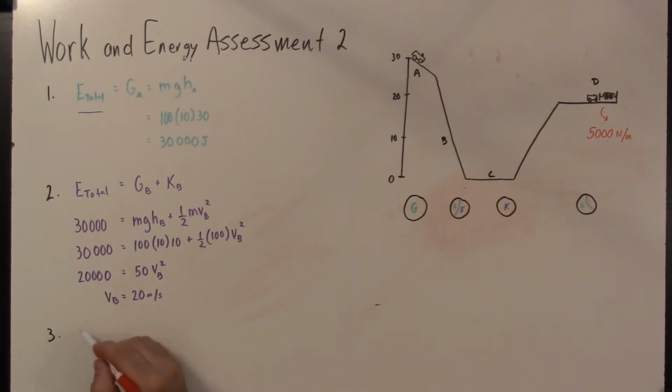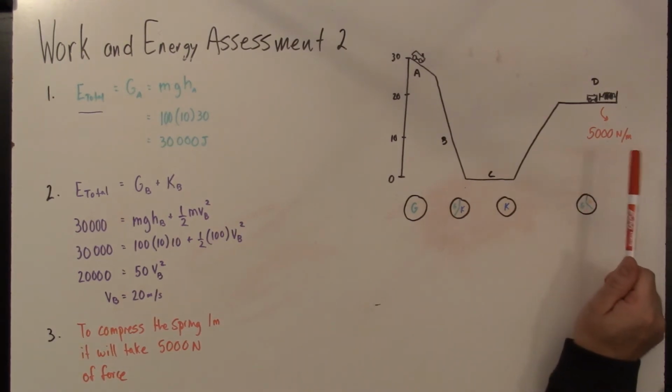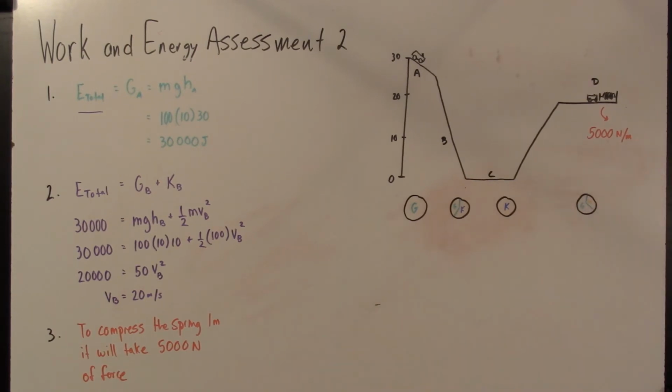Well, what it means is that if you want to compress this spring a full 1 meter, it will take 5,000 newtons of force. So that's the idea there. That's what the spring constant means. It tells you how strong the spring is. This one says if you want to compress it 1 meter, it would take 5,000 newtons. That's what the spring constant is.